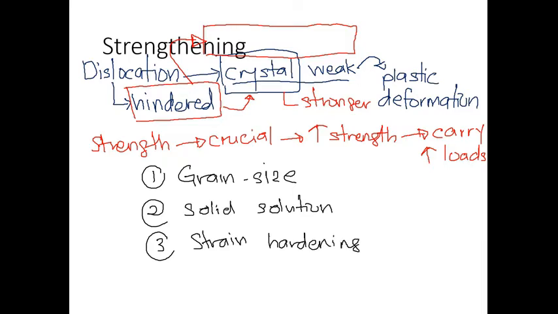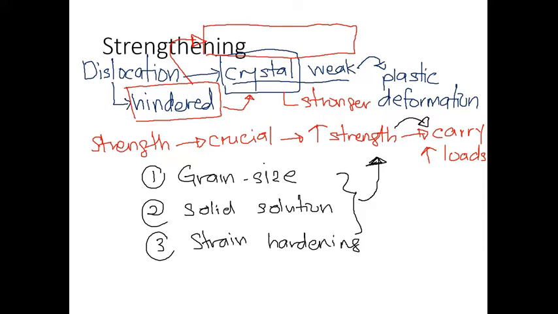When we talk about strengthening mechanism, why? Because we want to have a stronger alloy. Why do we want a stronger alloy? Because if you have a strong alloy, that alloy can carry more loads.